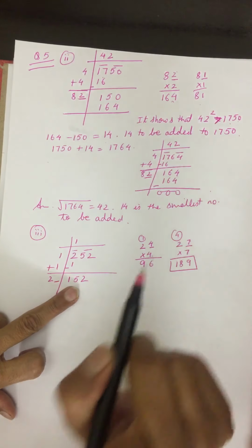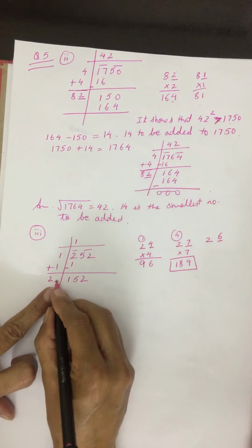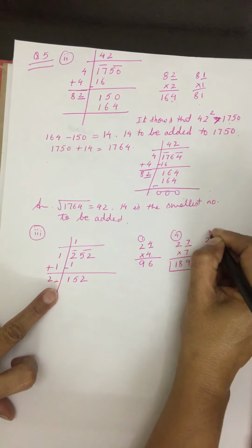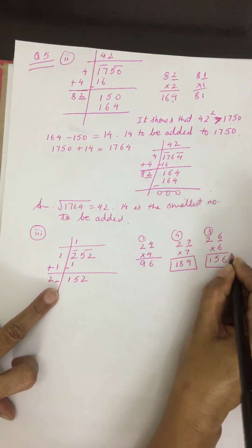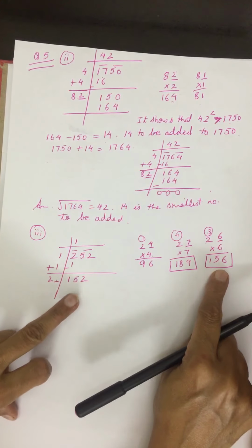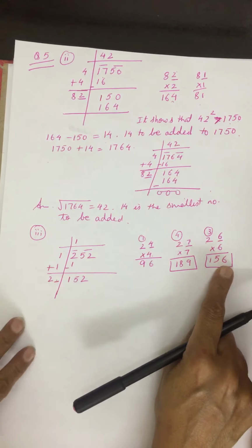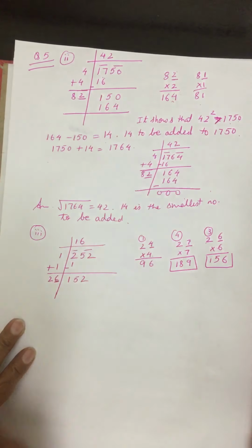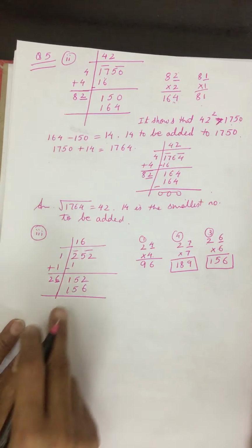So just try once again with 6. At this fill up, let us take the digit 6. 6 6s are 36. 6, carry over 3. 6 2s are 12 plus 3, 15. See which is nearest? 156 is nearest to 152 and it is greater also. So how many times? 6 times. So 6 times it will be 156. What does it show?